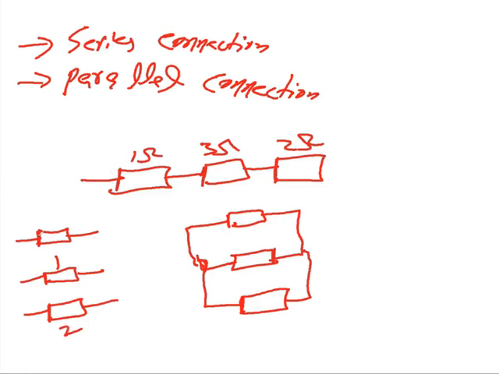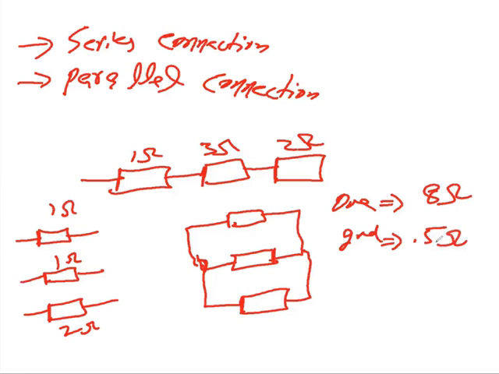This is let's say 1 ohm, and this is also 1 ohm. But my one requirement is that I need 8 ohm resistance, and my second requirement is that I need 0.5 ohm resistance. So how will you fulfill my requirements?